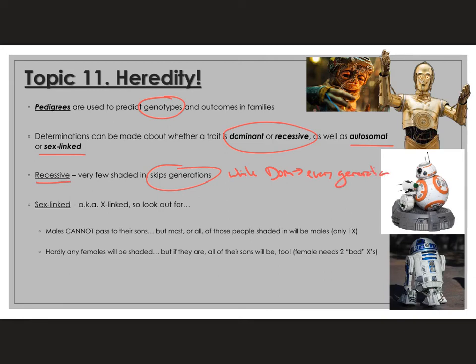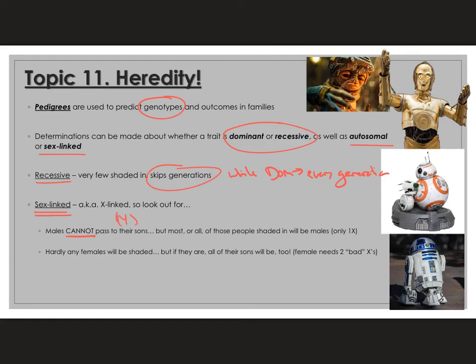And then you might be asked, what would lead a researcher to look at a pedigree and think that a trait is sex-linked or X-linked? Remember, X-linked traits have to be passed on the X chromosome. This means that an X-linked trait cannot pass from father to son, because father to son would be the Y chromosome.